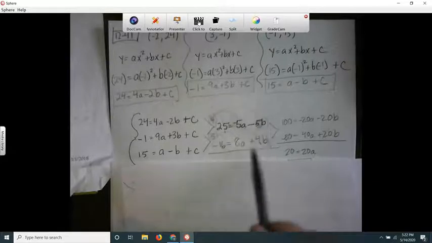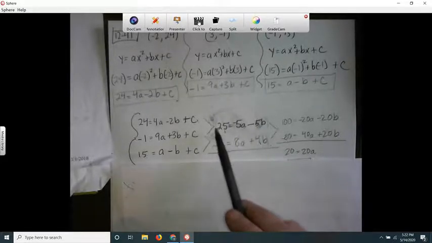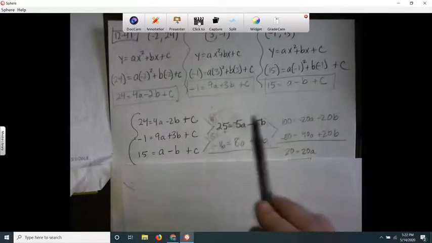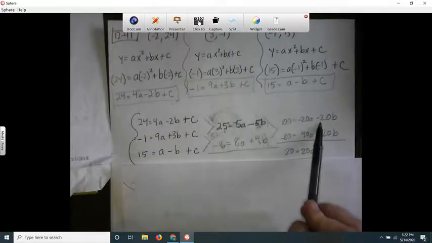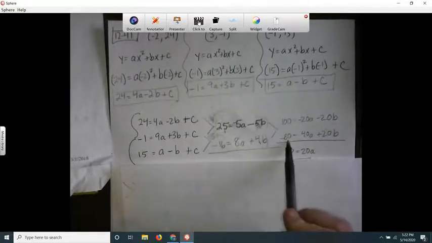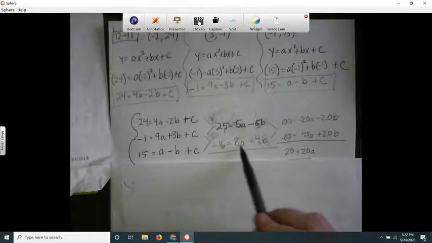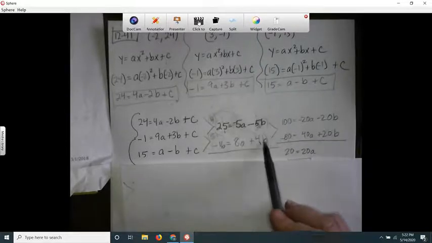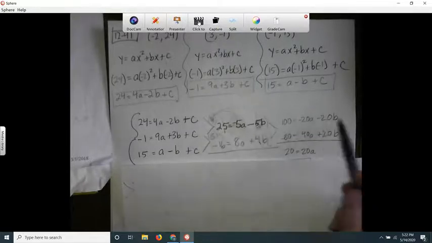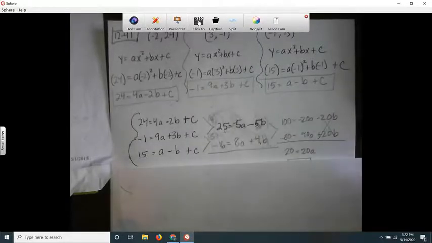So 4 times 25 is 100, 4 times -5 is -20, and 4 times -5 is -20. And 5 times -16 is -80. Now I've made it so the b's cancel out. I add these two equations together, and I get 20 equals 20a.